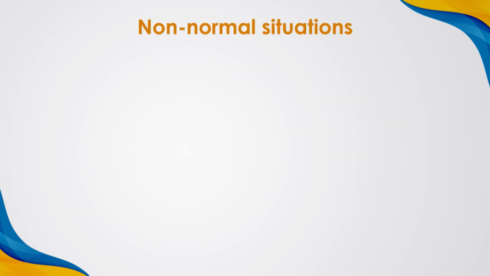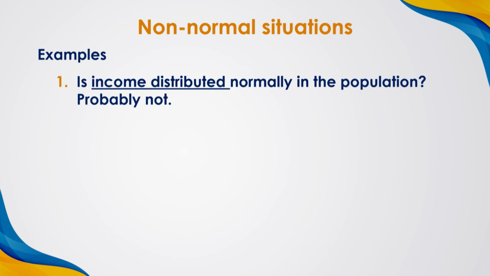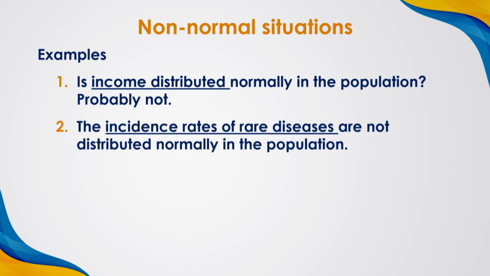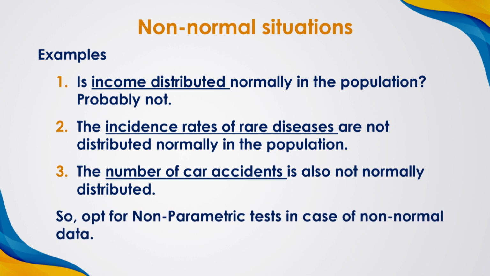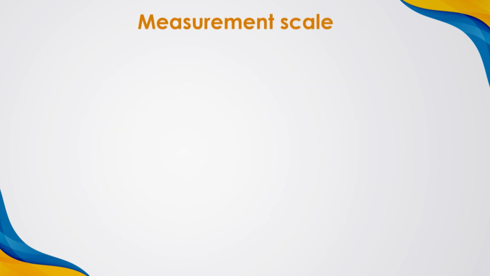Non-normal situations. Examples: is income distributed normally in the population? It is probably not. The incidence rates of rare diseases are not distributed normally in the population. The number of car accidents is also not normally distributed. So, opt for non-parametric tests in the case of non-normal data.